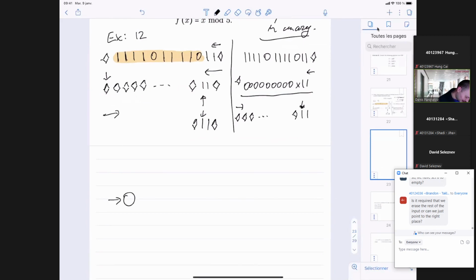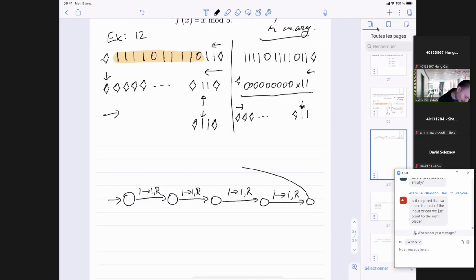We have an initial state. If we see a 1, we overwrite it with 1 and move to the right. We see a 1, we overwrite it with 1 and move to the right. We see a 1, we overwrite it with 1, move to the right. And we see a fourth one, we move to the right.